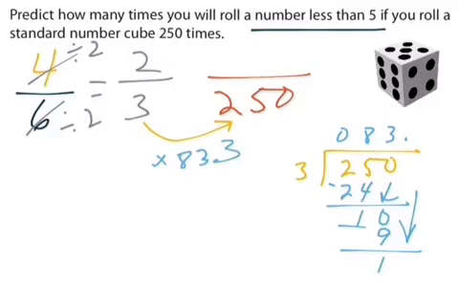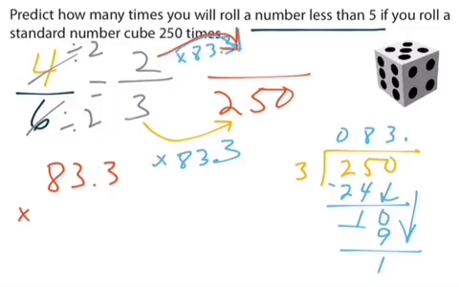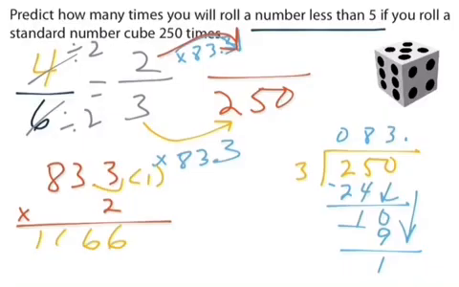Whatever you do to the bottom, we're going to do to the top. We're going to multiply by 83.3. So I'll do 83.3 times 2, which is just what we're doing at the top right here, if you'll remember. We'll multiply this thing out. I'll move the decimal over one place just to make sure we stay organized. 2 times 3 is 6, 2 times 3 is 6, and 2 times 8 is 16.